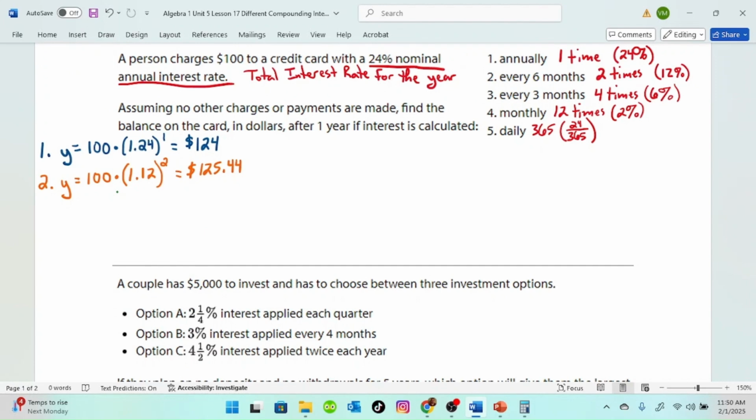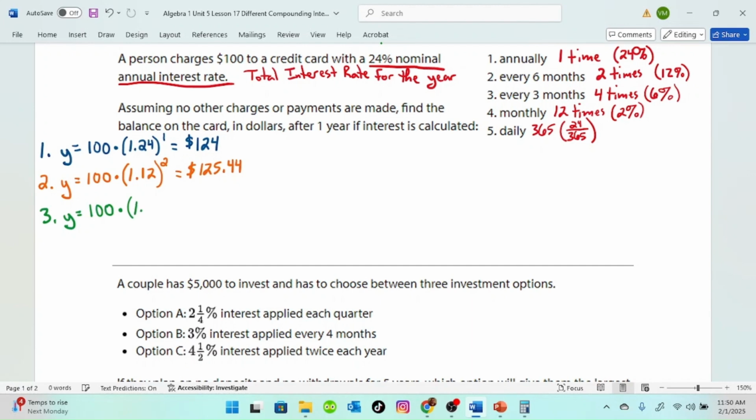Now we can look at number 3. Y equals the original 100. This time the growth factor, because we're doing it every 3 months, that means we're going to charge 6% 4 times to make that 24% annual interest.